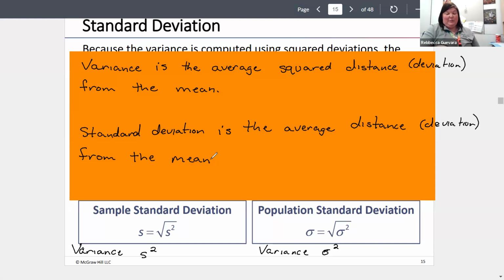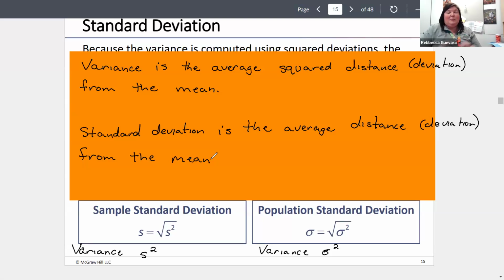Once again, if we're talking about battery life, the batteries that we said had a mean of 4 hours, the standard deviation is going to be roughly 1.5. I think it's 1.4. What that is telling me is that on average, the deviation from a battery life of 4 hours is only about 1.4.